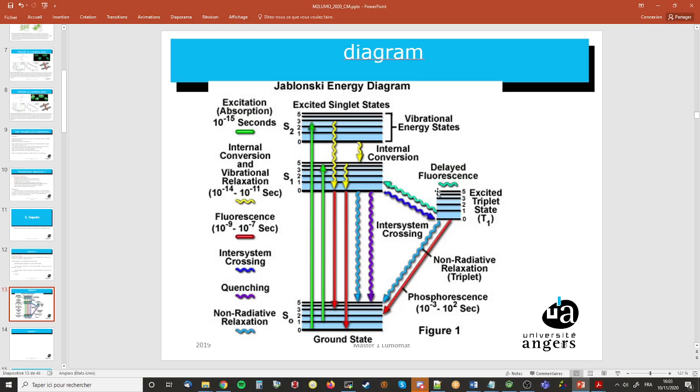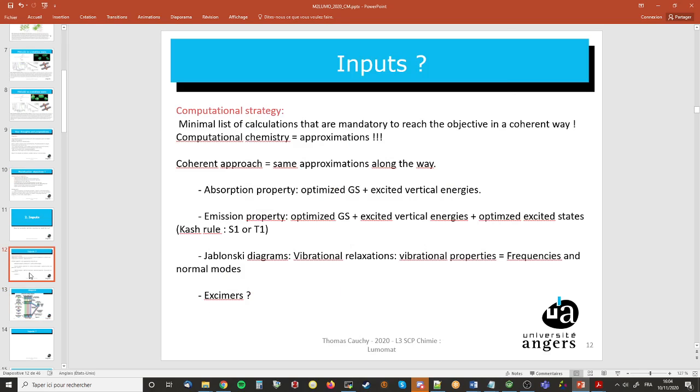It's much better if you have some kind of vibrational crossing, and you can do it with the vibrations of your systems. Okay, so that means that to have fully this part, for example the intersystem crossing, you need the frequency of the optimized excited states, and this is super costly.